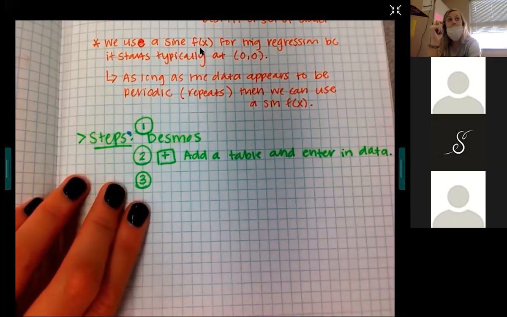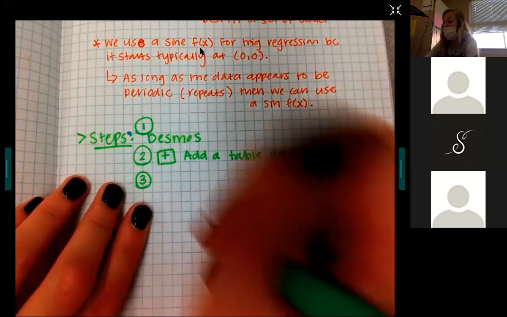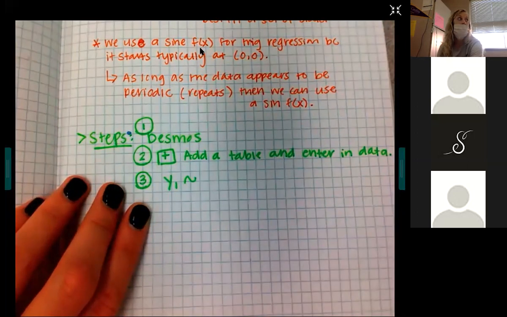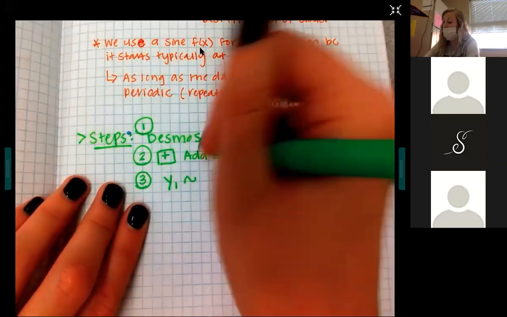So the third step, you put in the standard form of a sine equation. So we are going to put in y1 squiggle. What goes out front of a sine function? What's out front? The amplitude, very good.